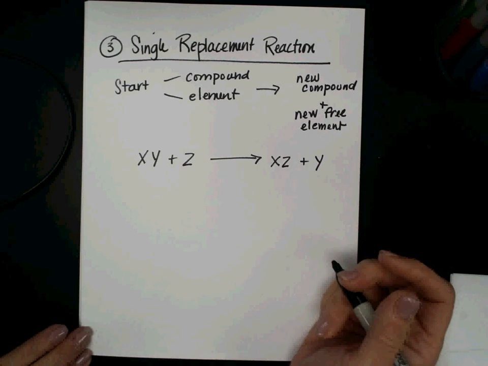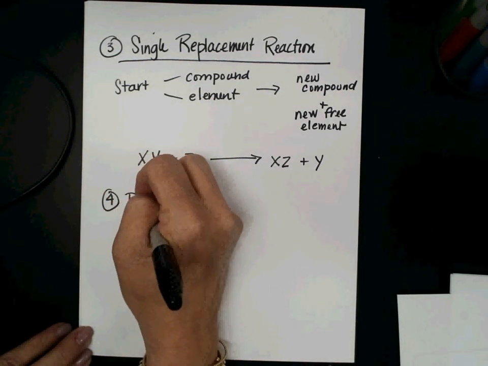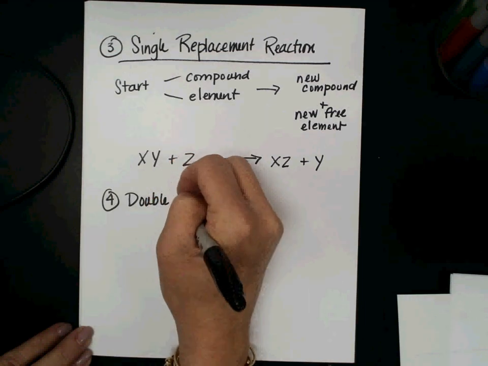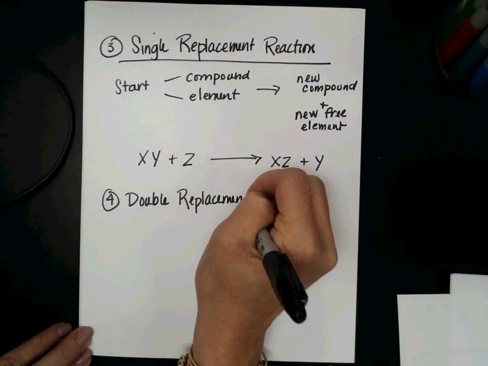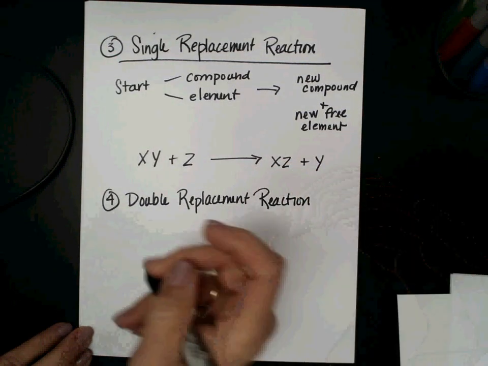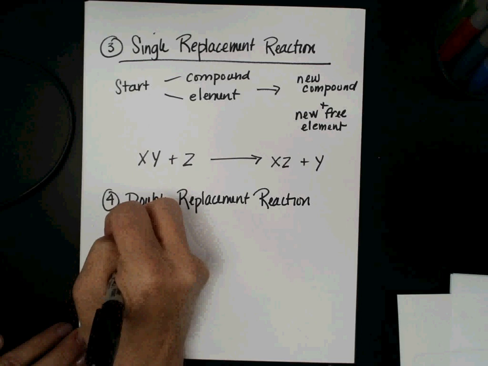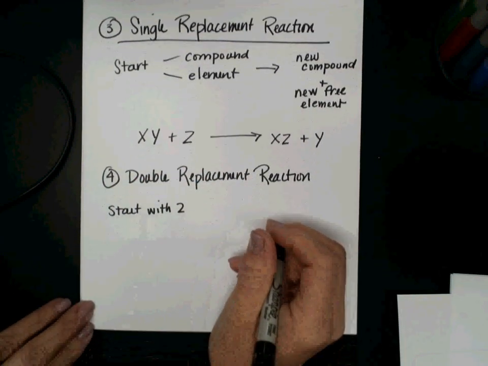Make sense? All right. Next type is called a double replacement reaction. And you start with two compounds.